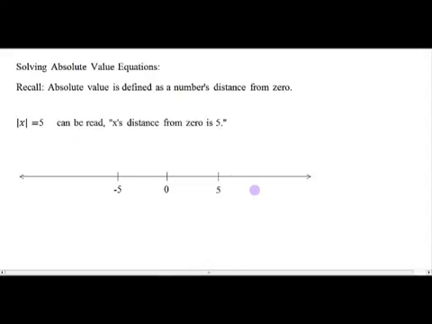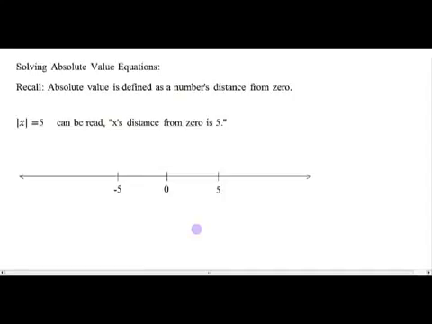Now, with solving absolute value equations, first recall that an absolute value is defined as a number's distance from 0. The absolute value of x equals 5 can be read as x's distance from 0 is 5. Now picture the number line.